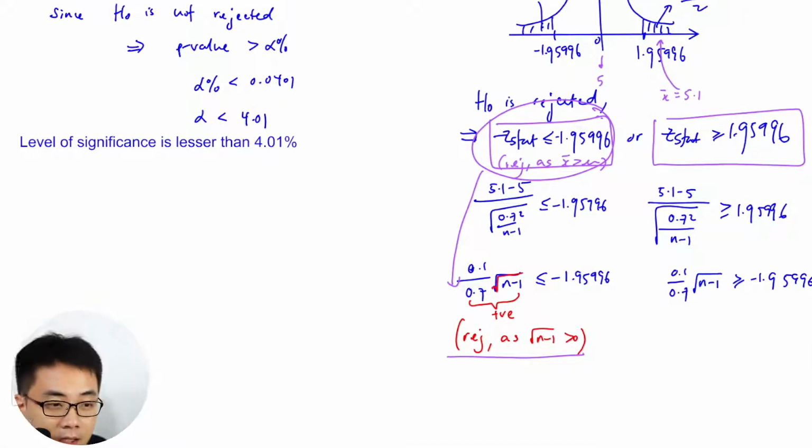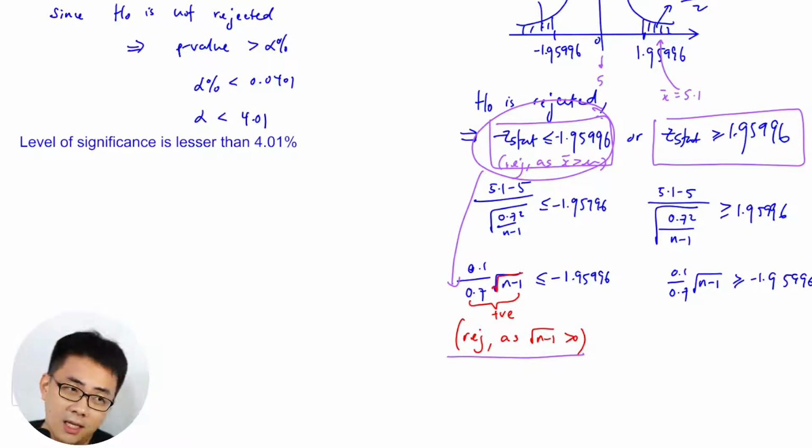Okay. So in theory, for a two-tail test, I thought it means that we should reject on both tails. No, you don't have to reject on both tails. Every time you carry out a test, you either reject on the left side or the right side. If I ask whether there's any change in your mathematics test score, you say there's a change.